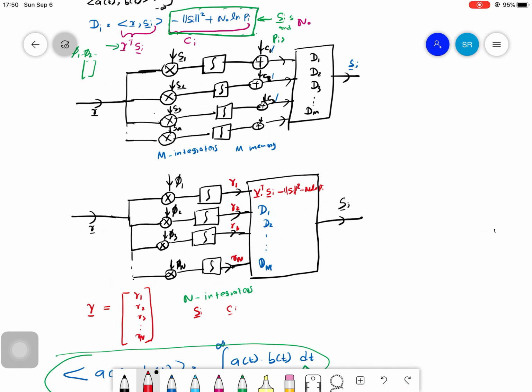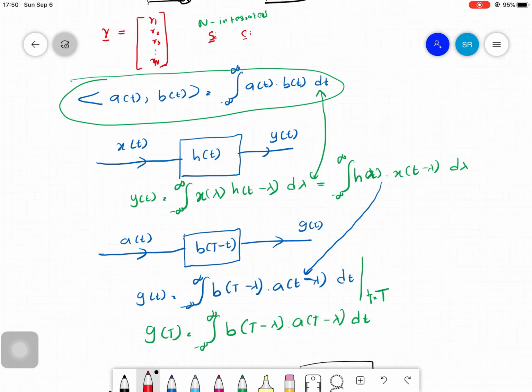If I replace the integrator with a linear time invariant system, this should be equal to s(T minus t), and I should sample at time T. So that is the main purpose of this.